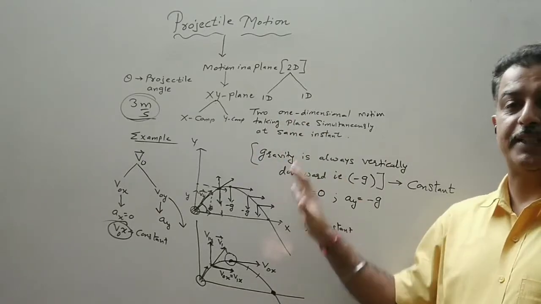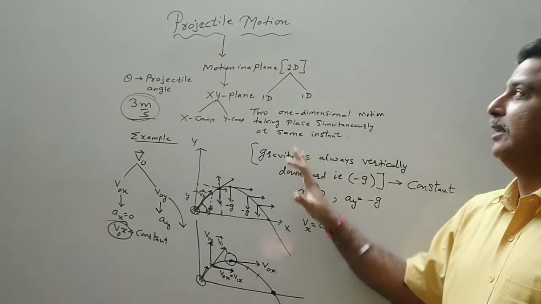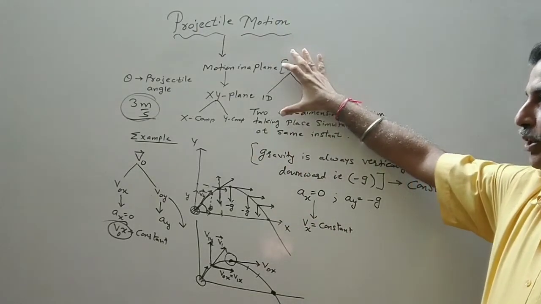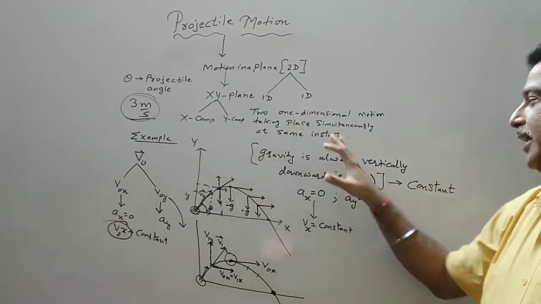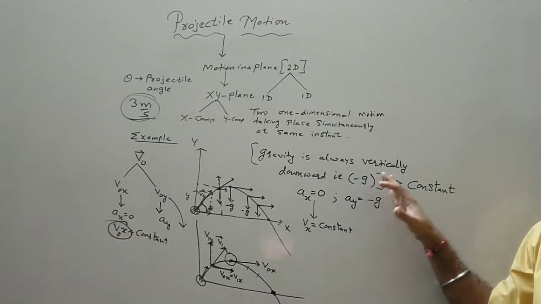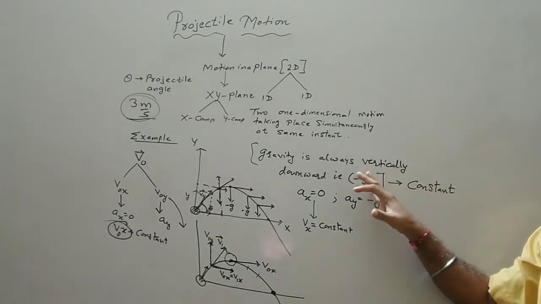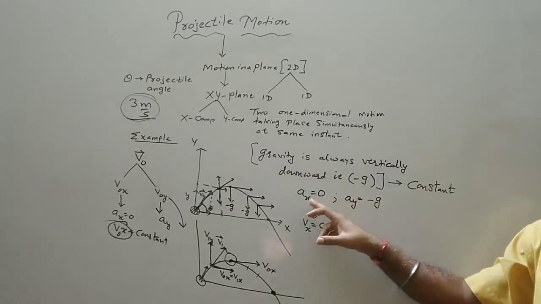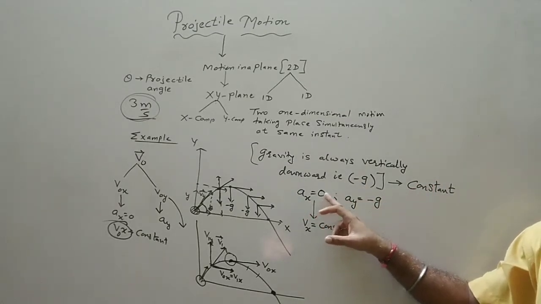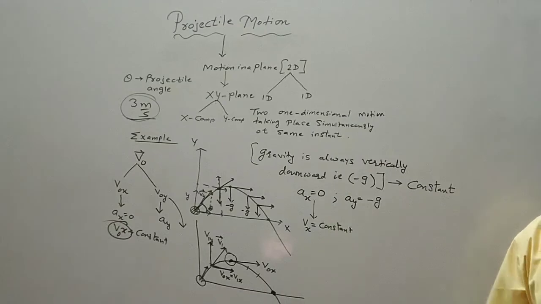You have to remember this concept that projectile motion is 2D motion, so we resolve it into two components. The gravity is always along the y-axis, which will keep constant. The x component of acceleration due to gravity is 0, so the velocity along the x-axis will remain constant.